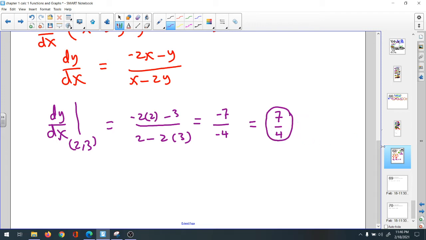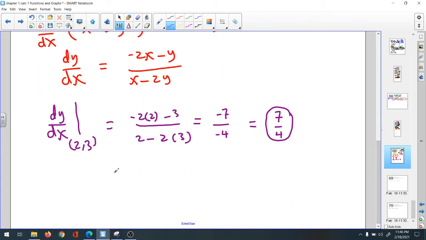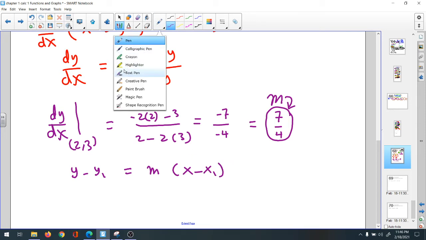When we come to linear equations, as we had before in algebra, if we know the slope m, this is m, the slope, we're going to use the formula y minus y1 equals m times x minus x1. That's to write the tangent line equation.